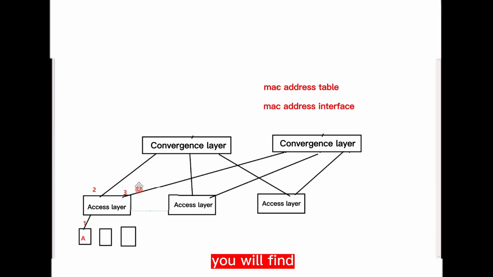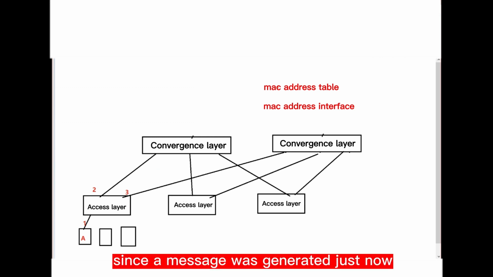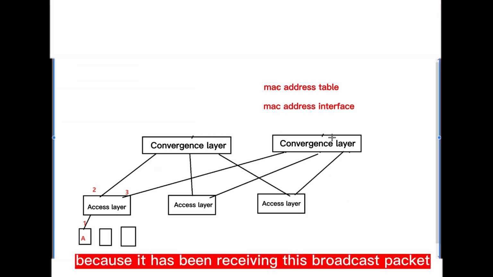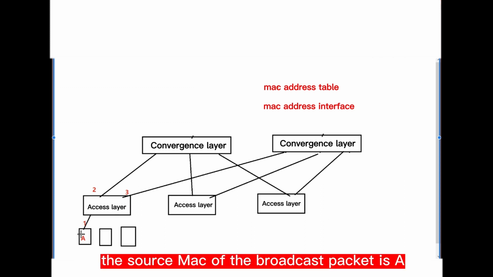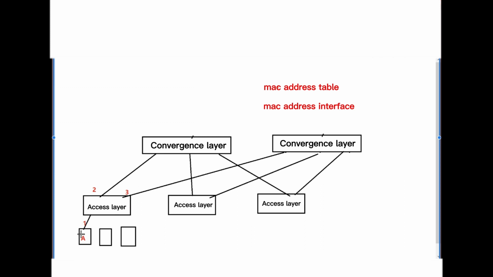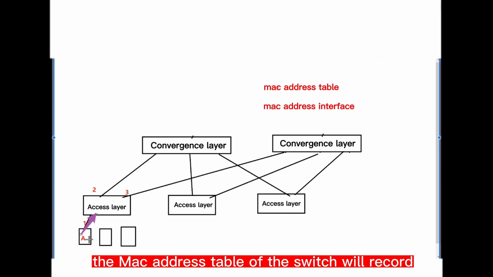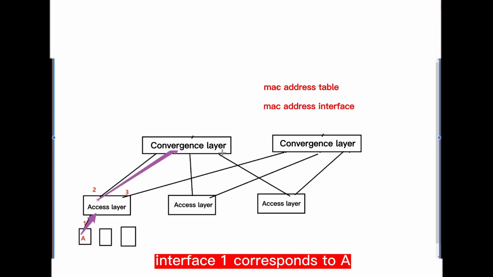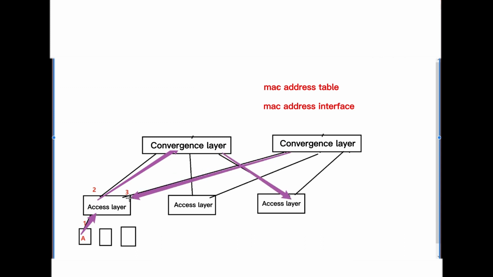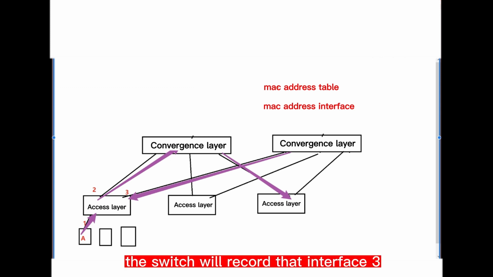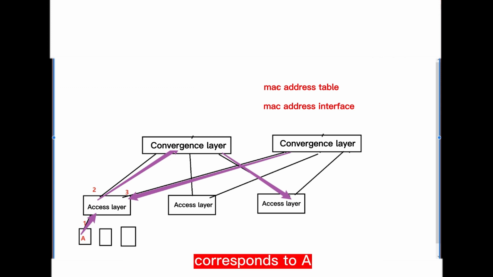You will find, since a message was generated just now, because it has been receiving this broadcast packet, the source MAC of the broadcast packet is A. When data comes in, the MAC address table of the switch will record that interface 1 corresponds to A. But when it is sent back, or this broadcast packet comes back, the switch will record that interface 3 corresponds to A.